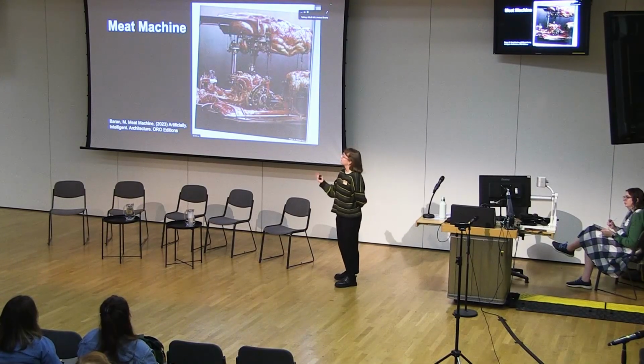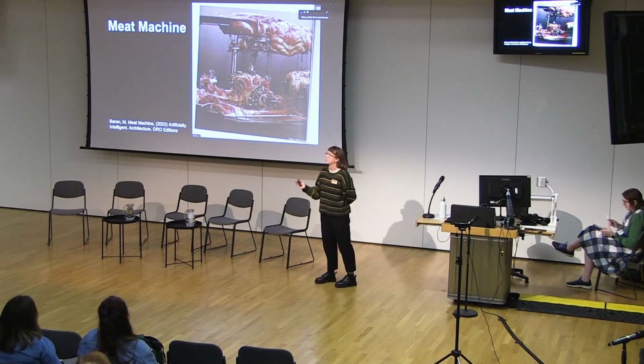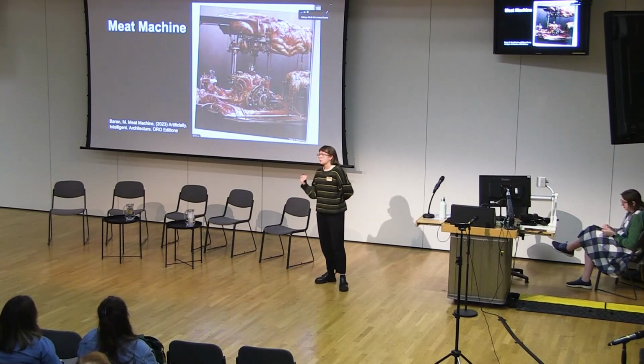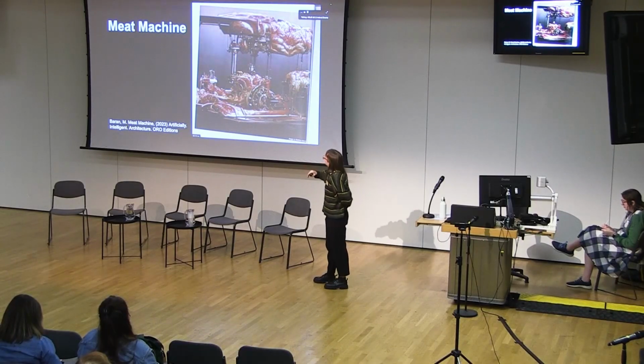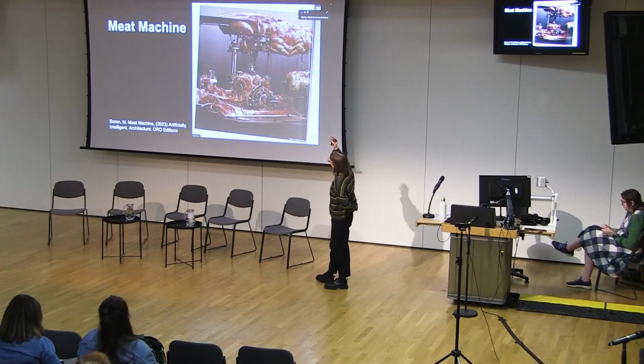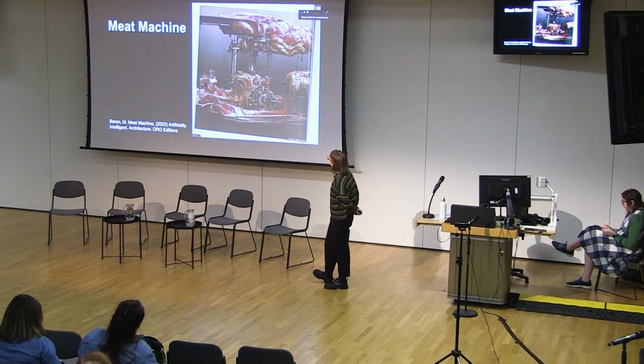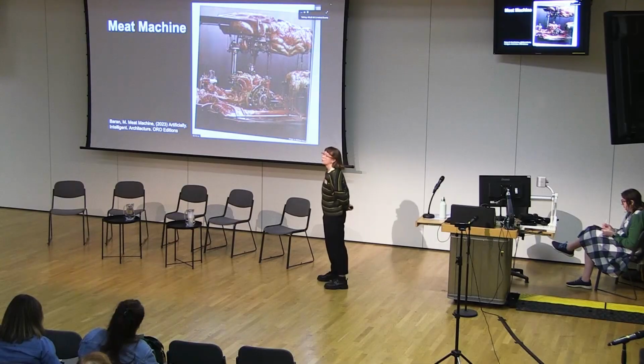Things like Midjourney ban words like blood and gore, and you're not allowed to use sexual imagery. Matt Barron explores this in his image made with Midjourney, the meat machine, where he tries to work around those AI filters and create something that is taboo or grotesque, which I quite liked.